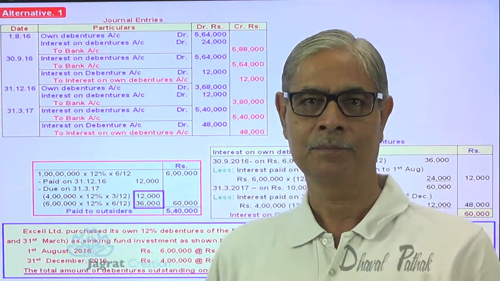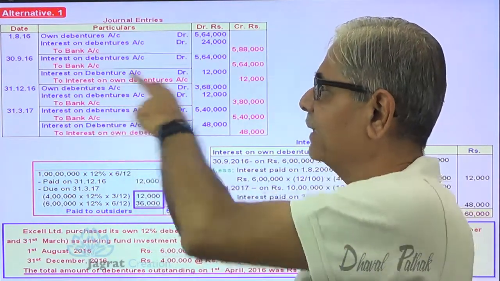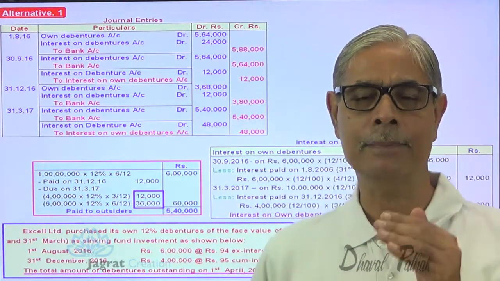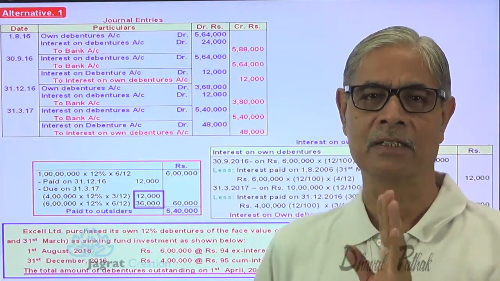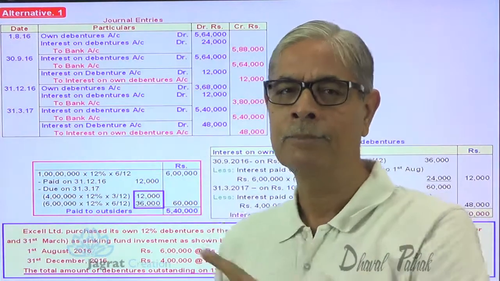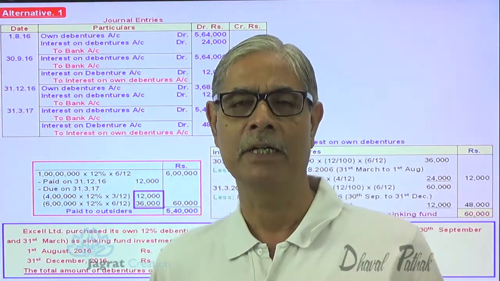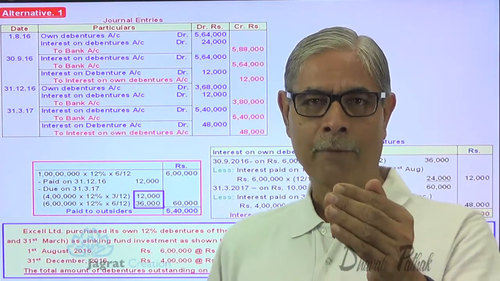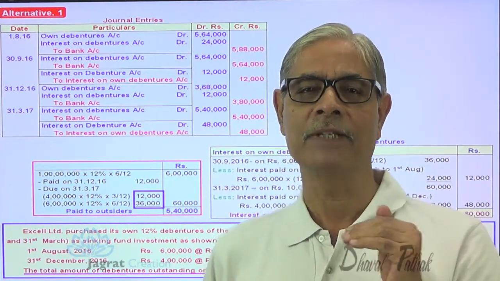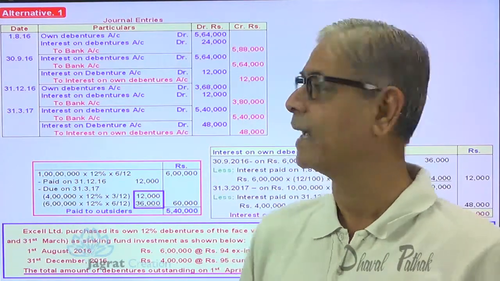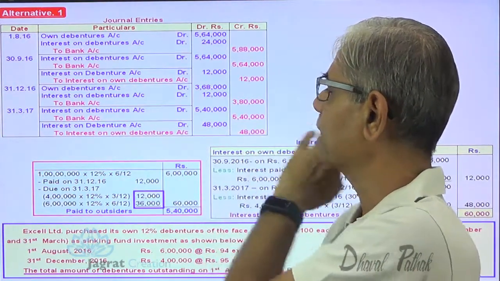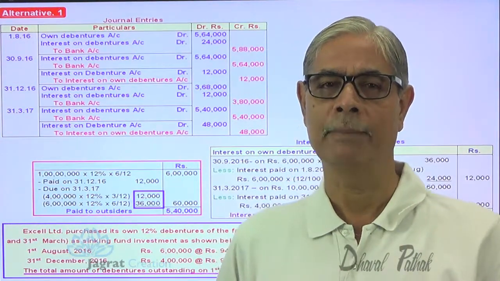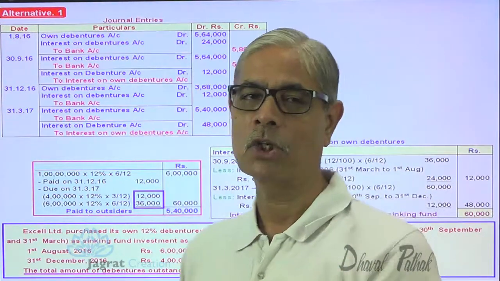But remember, don't write the entry for debenture interest due because debentures purchased are immediately cancelled. That's an important point. But in this sum, debentures are purchased as sinking fund investment, so interest gets due for a period after the purchase till the date of interest, and for that you are required to write the entry for interest due. These are the entries for interest due on interest date, and that is transferred to interest on own debentures account. So this is how the first alternative is explained.